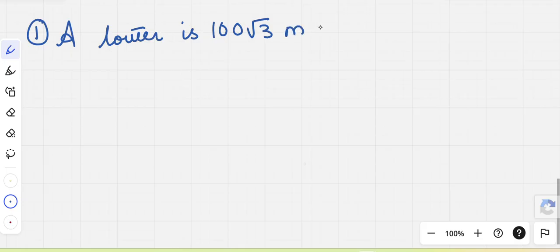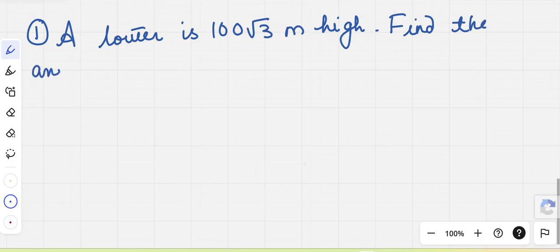There is a tower which is 100 root 3 meters high. Kids who do not read questions, please, in this chapter, don't ignore a single word. Again and again, I'm saying, take your time and read the question carefully, because your diagram will shape up the way you read.